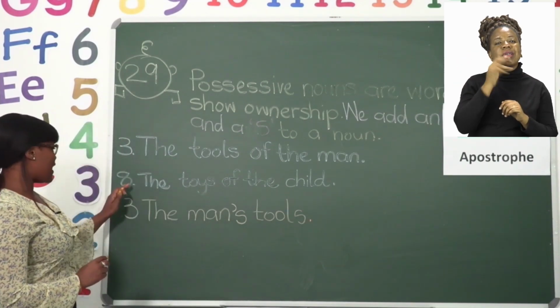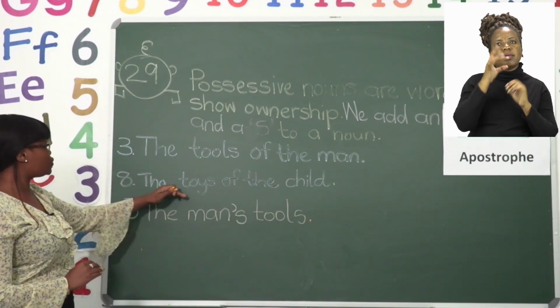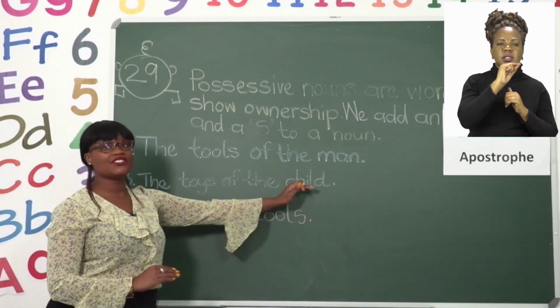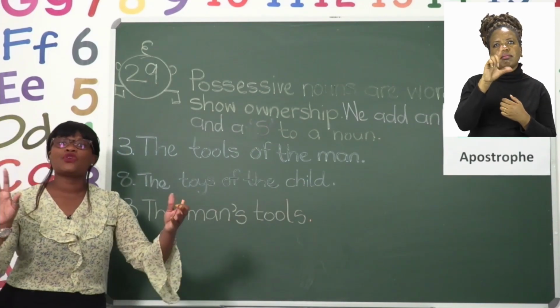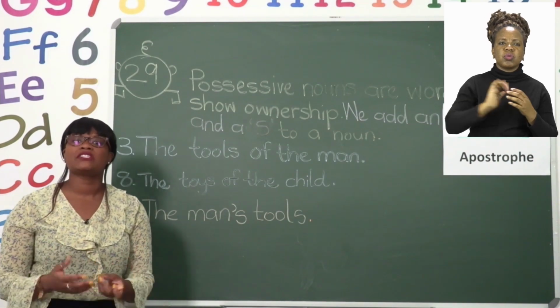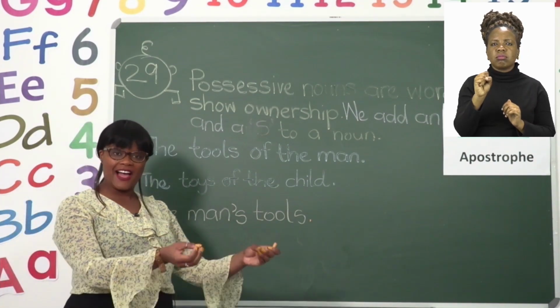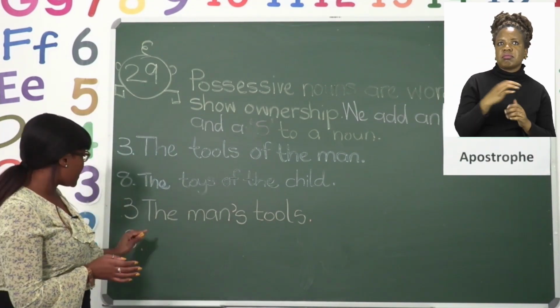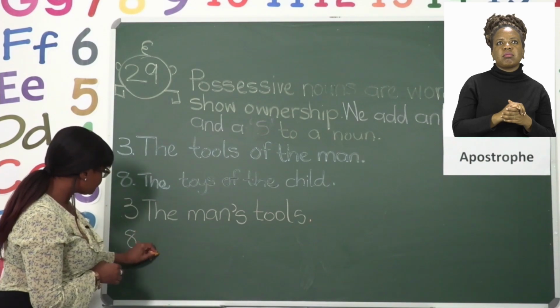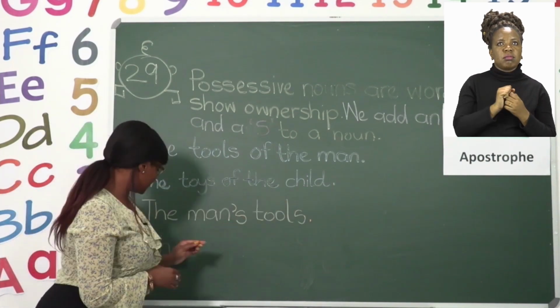Now let's do number 8 together. Number 8 says, the toys of the child. So we want to show that the toys belong to the child, or the person who owns the toys is the child. So we're going to change our sentence by saying the child's.